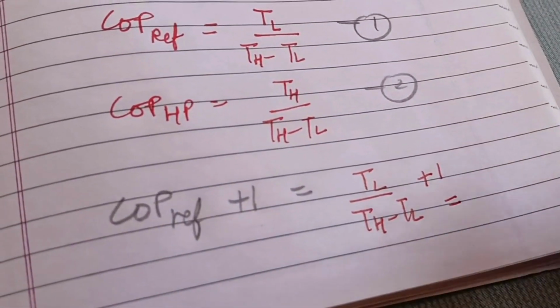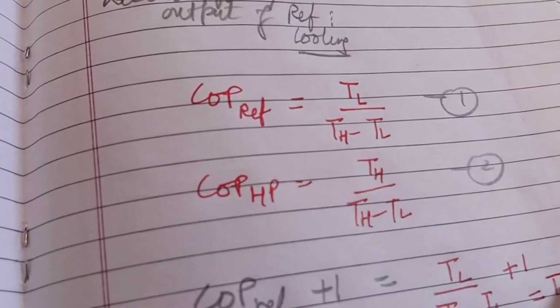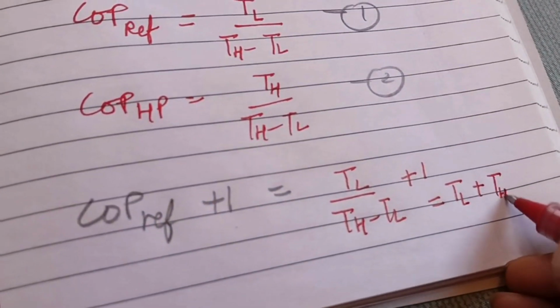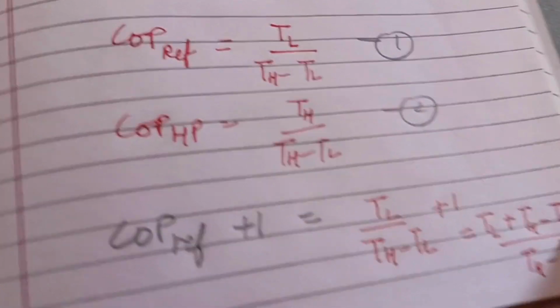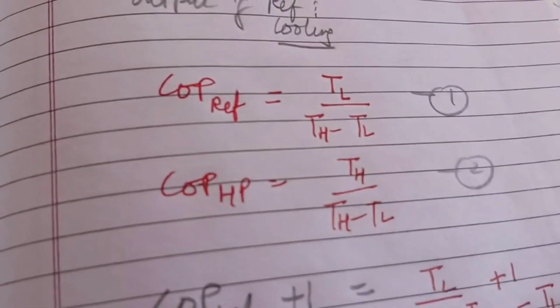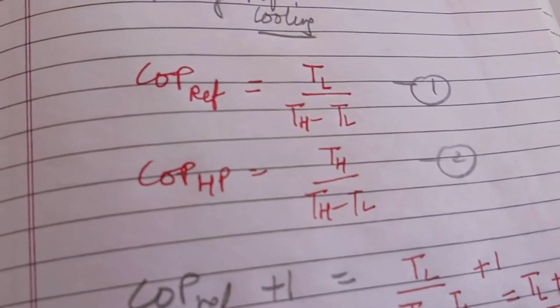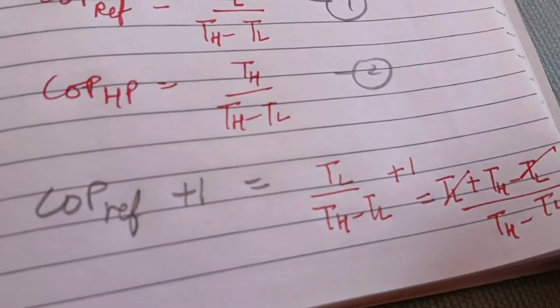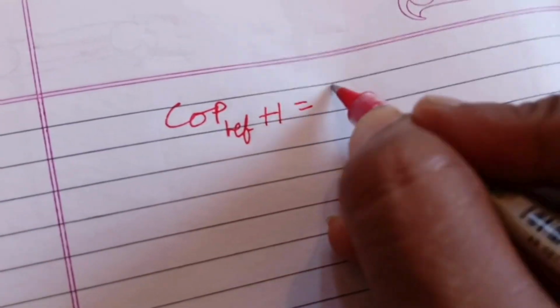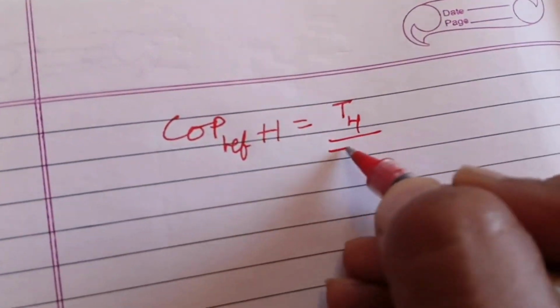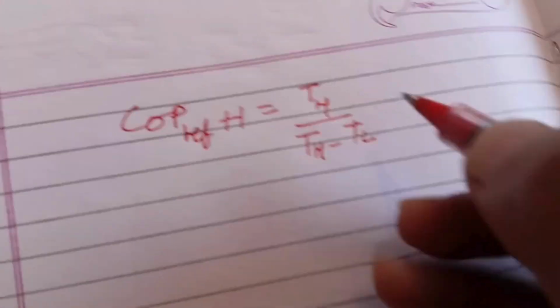If you further simplify this, TL plus TH minus TL upon TH minus TL. So this TL plus and minus will cancel out each other. So what are you left with? You are left with COP of refrigerator plus 1 is equal to TH upon TH minus TL.